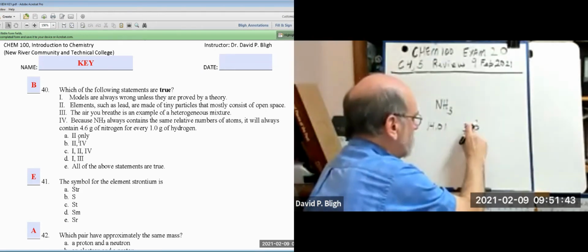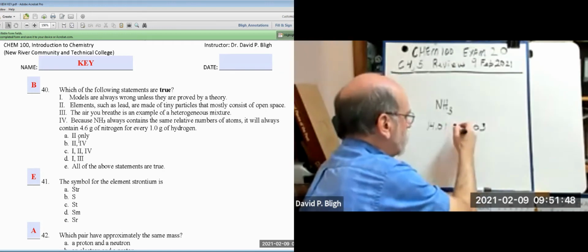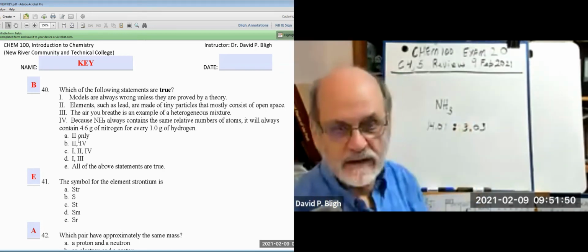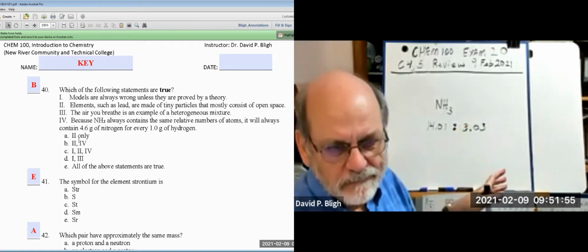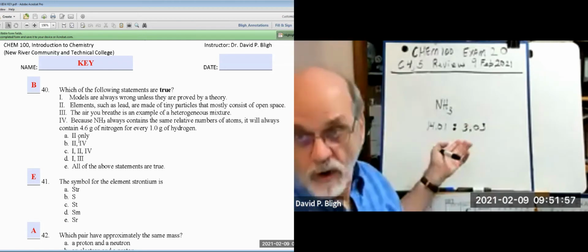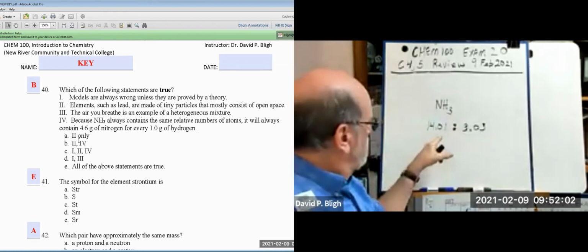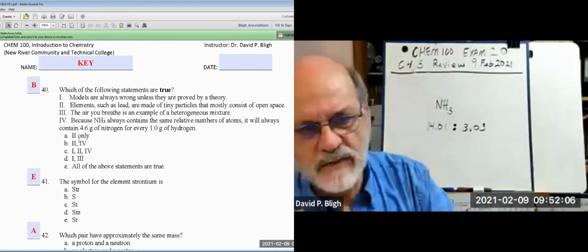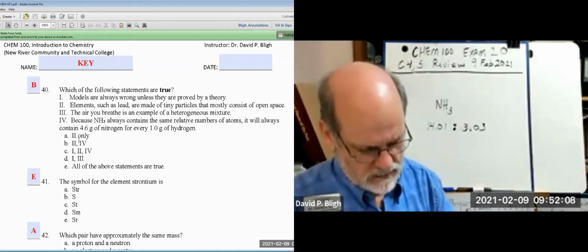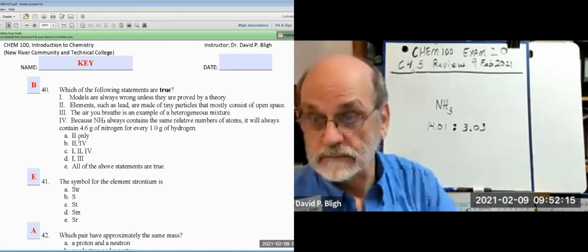So there's your ratio. 14 to 3. Right, so that's the wrong ratio. No, it isn't. Hold on a second. What's 3 into 14? Is it about 4.6? Yeah, okay. 4.6 to 1, right?